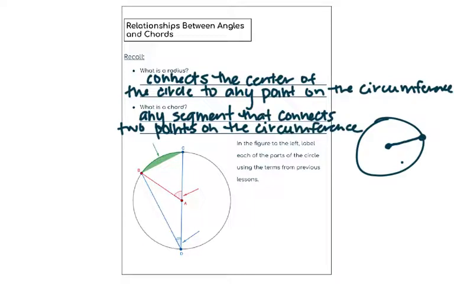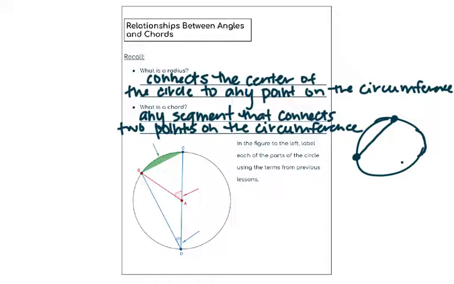So where the radius had to connect the center and any of the points on the circumference, this one does not. It just has to connect 2 points on the circumference without going through the center.